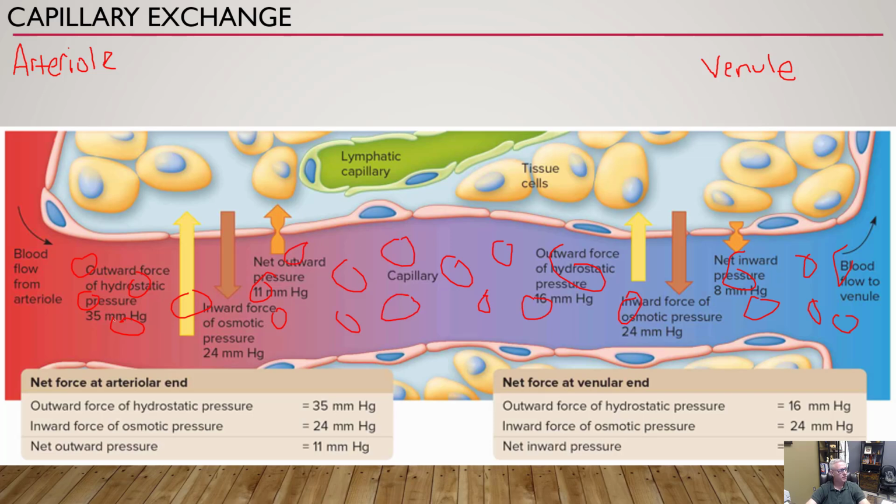If you also remember, protein pressure is called osmotic pressure. It's called colloid osmotic pressure. We can also call it protein colloid osmotic pressure. Everything has 47 different names. Basically, if you hear osmotic pressure, think of protein pressure.